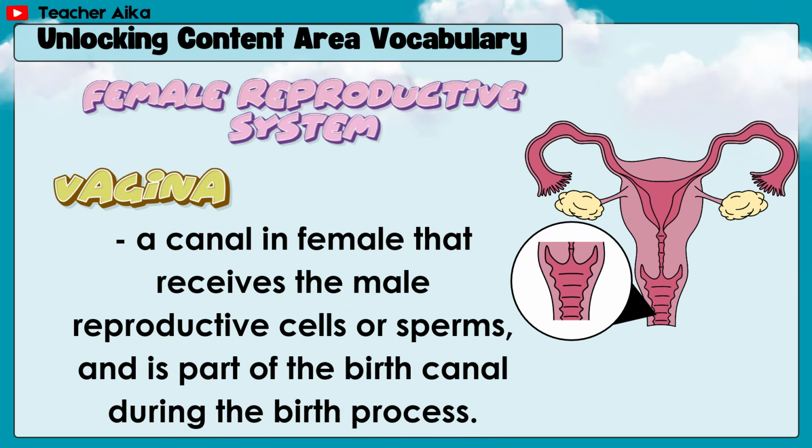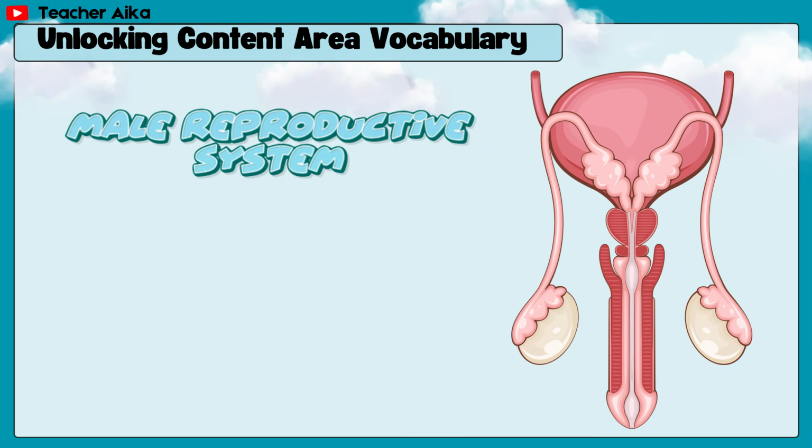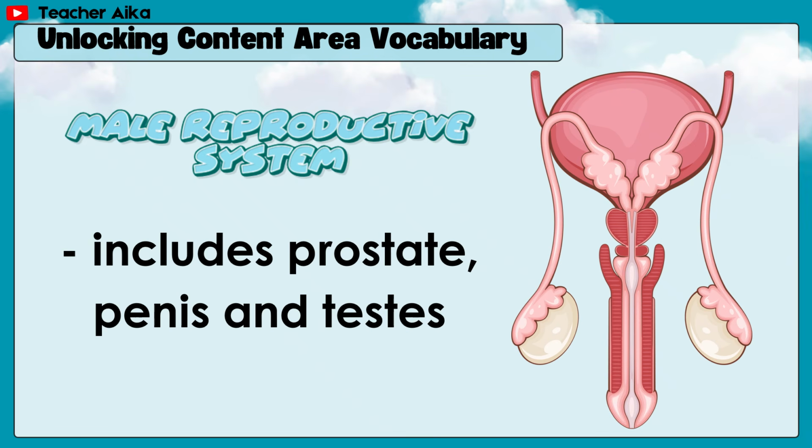Vagina, a canal in females that receives the male reproductive cells or sperms and is part of the birth canal during the birth process. Male reproductive system includes prostate, penis, and testes.